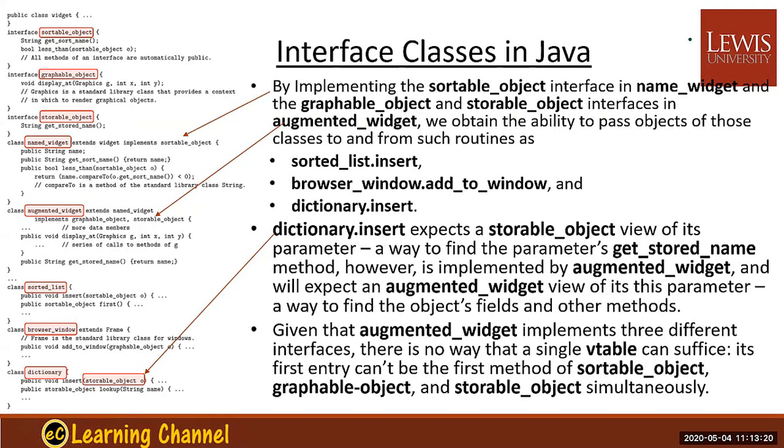This shows that an interface usually gives you some sort of capability: an object that can be sorted, graphed, or stored. So the interface name is usually sortable, graphable, drawable, storable, comparable, iterable, something you can do.